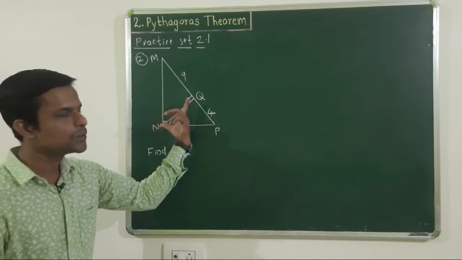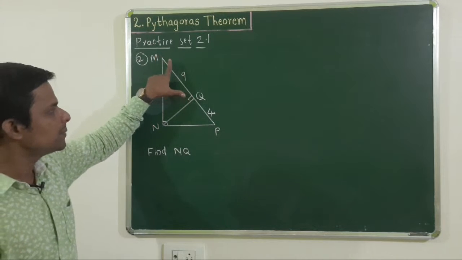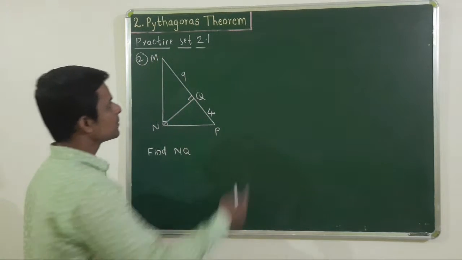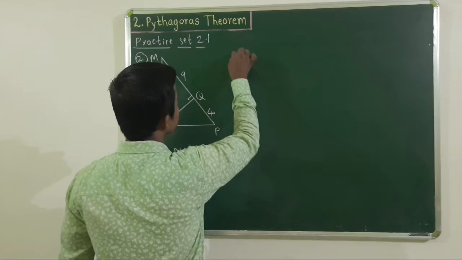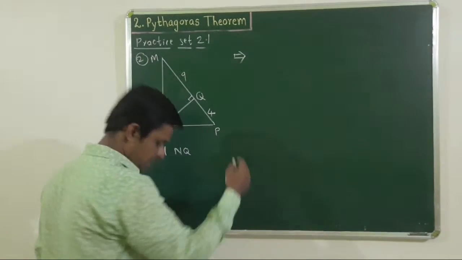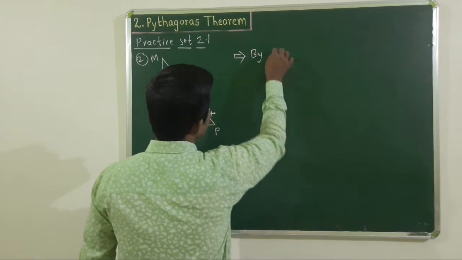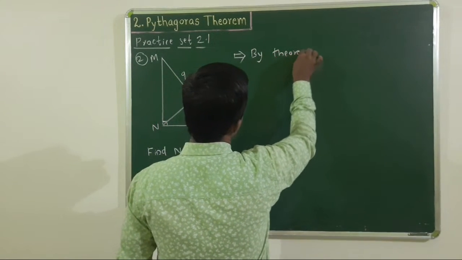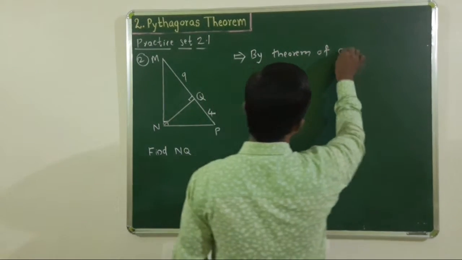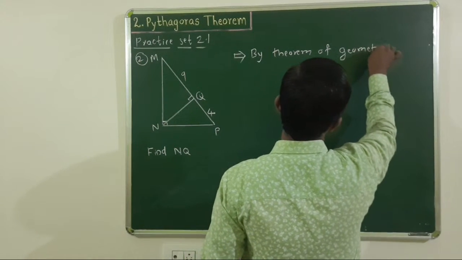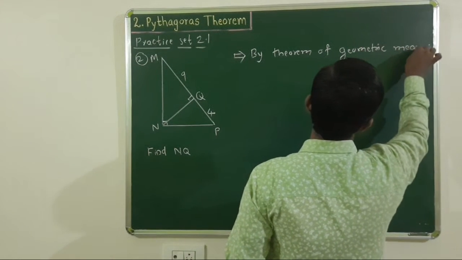Means NQ is the geometric mean of MQ and QP, by using the previously proved theorem that we proved during yesterday's live session, that is, by the theorem of geometric mean.